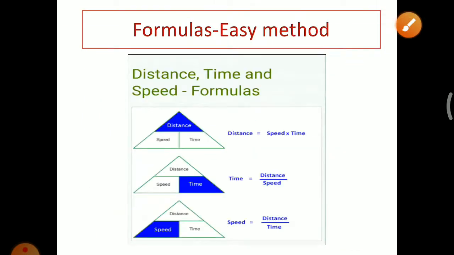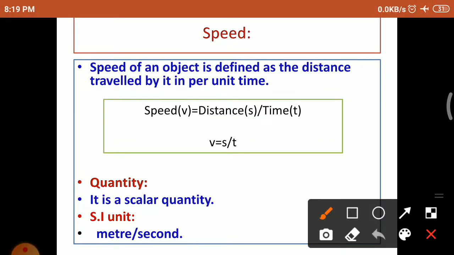There are three physical quantities in this equation: speed, distance and time. We can measure these three using tools.